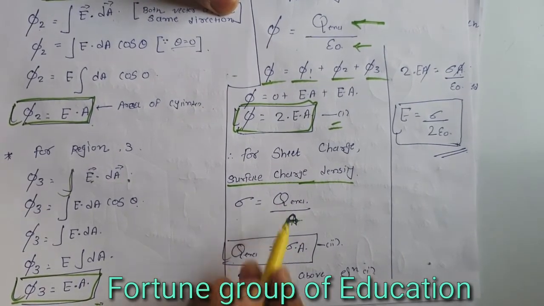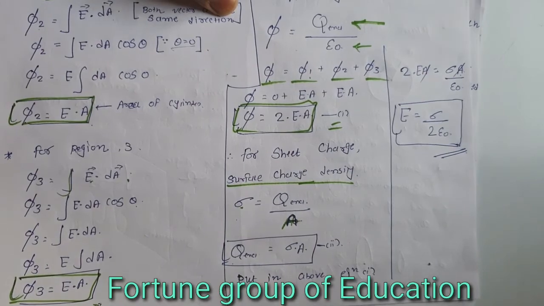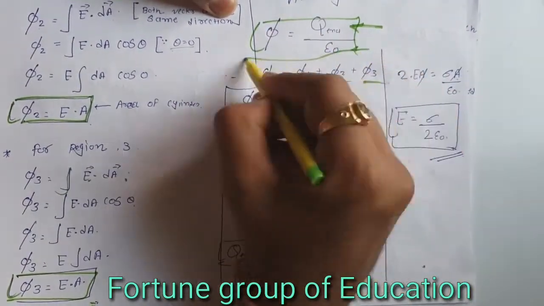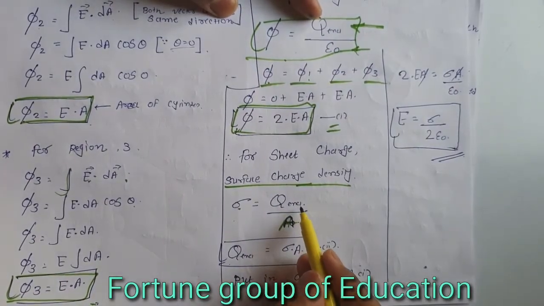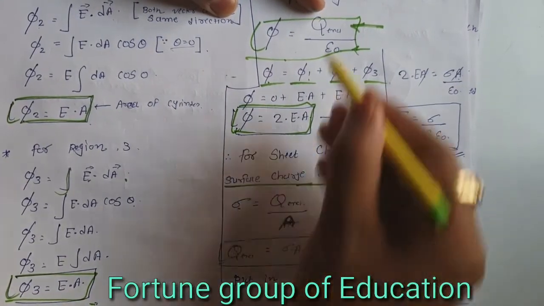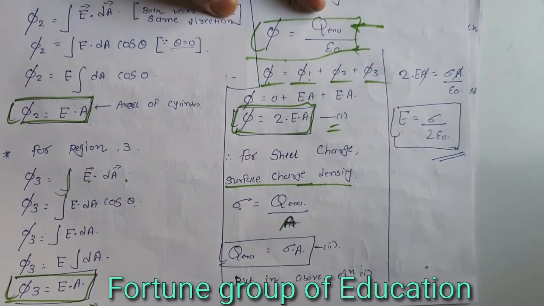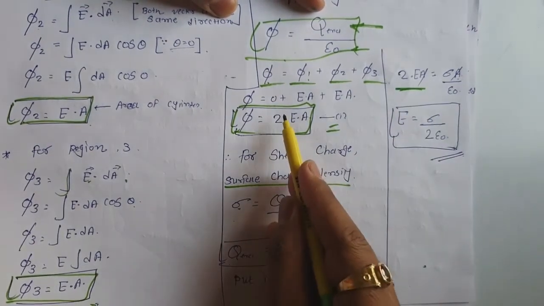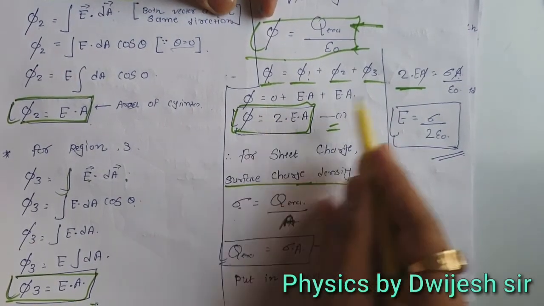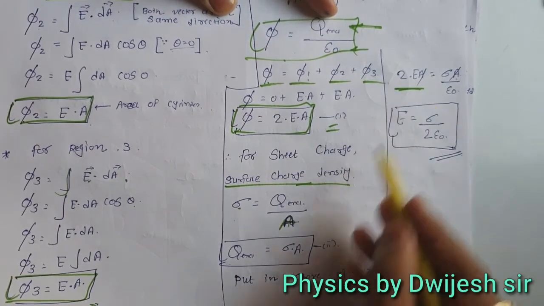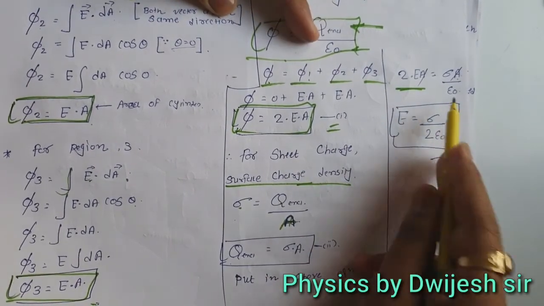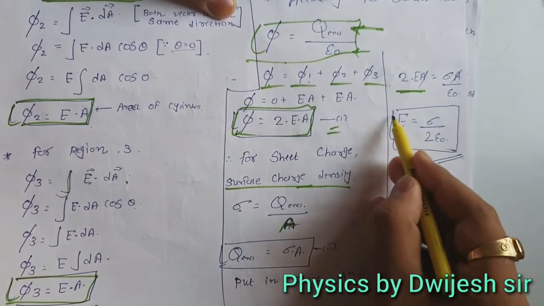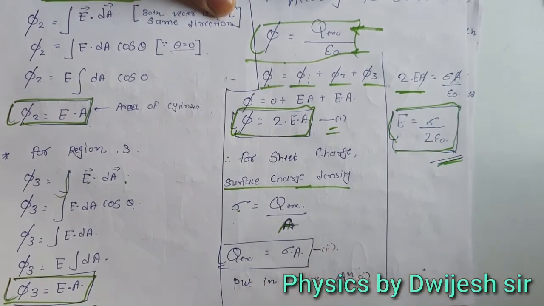So Q equals sigma times A. Now put this in the above equation, in place of Q we put sigma times A. So sigma times A upon epsilon 0 equals 2 times EA, which is the value of phi. Area cancels. So the electric field equals sigma upon 2 epsilon 0, which is the electric field due to an infinite sheet of charge.